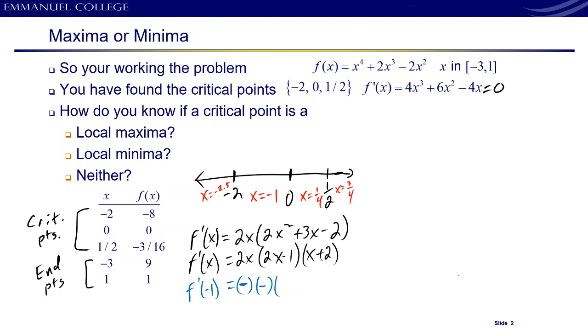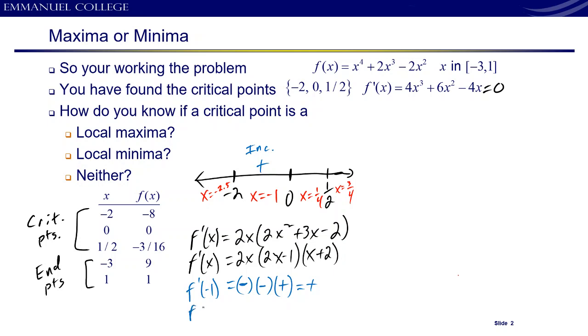And then negative 1 plus 2 is a positive value. So I have a negative times a positive, which means that this is positive. So between negative 2 and 0, it's positive, which means the function is increasing, because remember, this is the derivative. So the function is always increasing between negative 2 and 0.